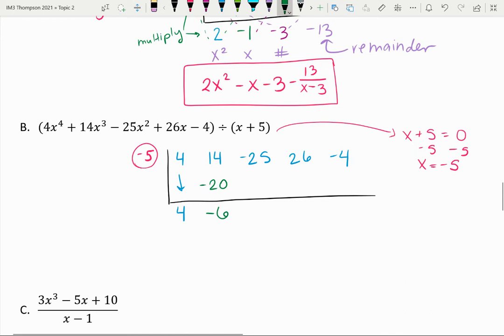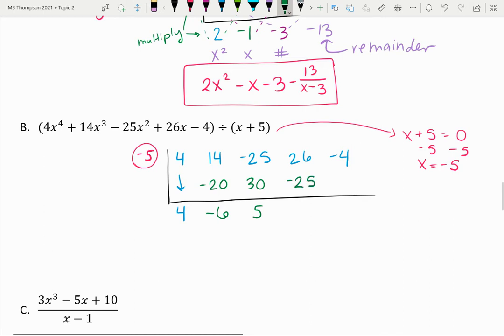I multiply my new number times my number in the bubble. So negative 6 times negative 5 gives me a positive 30. Add down. Negative 25 and 30 gives me a 5. Negative 5 times 5 gives me a negative 25.